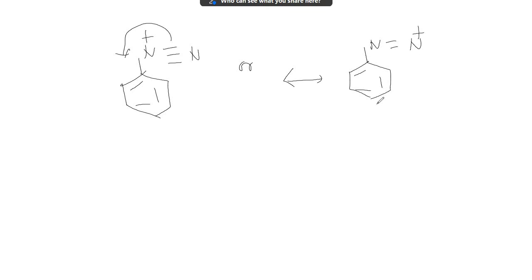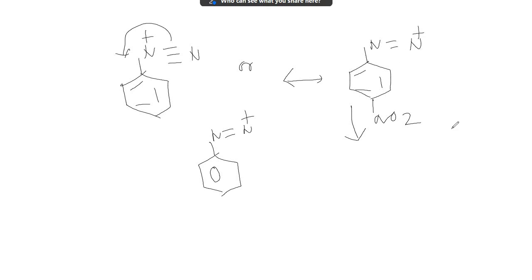Suppose I put an NO2 group over here. NO2 is a deactivating group. In its presence, the positive charge will be more. So in para-nitrodiazonium cation, the nitrogen carries more positive charge than only diazonium cation.